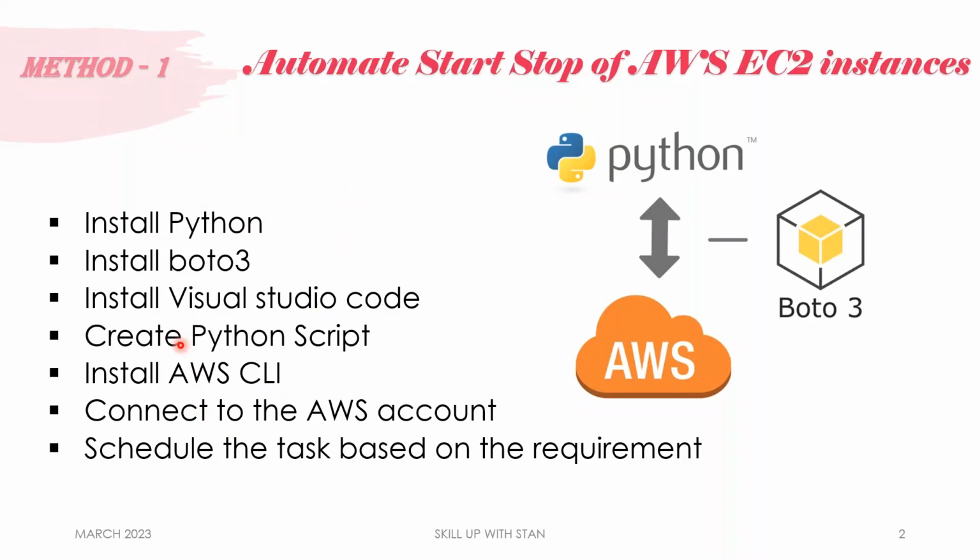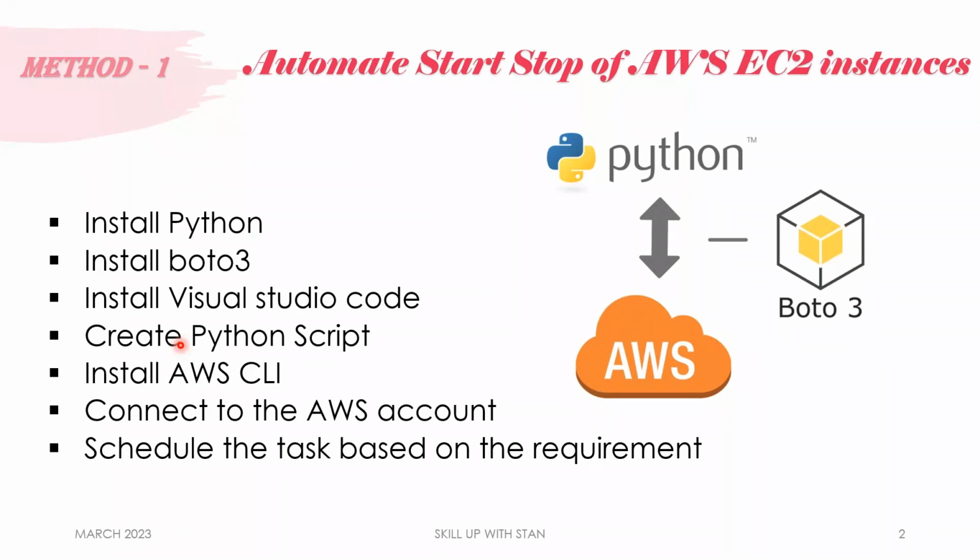I'll also show you how to create a Python script. For doing start and stop, you don't have to write pages of script. You just need to write 3 lines of code, or you don't even have to write it. You can just copy paste from the Boto 3 documentation that is available on the internet. I'll show you how to search for it and copy paste it here.